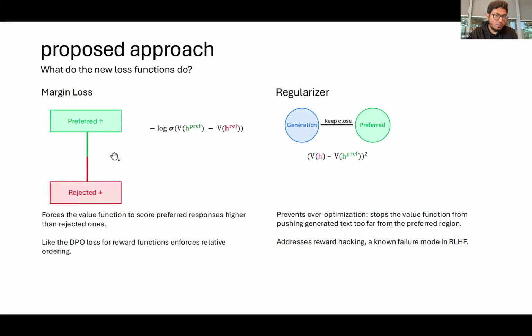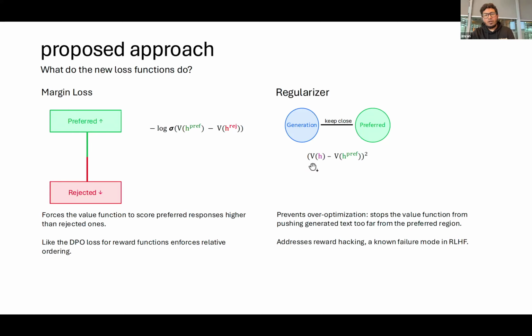Basically, margin loss pushes the preferred responses higher, so that it does not give more reward to the rejected ones. And the regularizer keeps the generation close to the preferred one, because if we push preferred too much from the rejected one, chances are that the generation might suffer. So this could lead to over optimization.